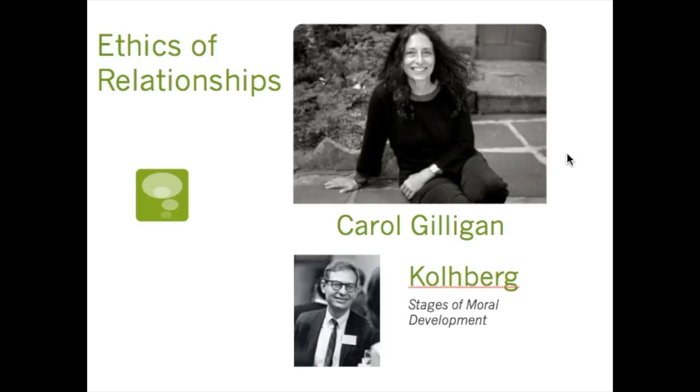Carol Gilligan was a student of Kohlberg, and she designed a theory that was going against her teachers' views, and according to which girls really are not inferior in terms of the stages of moral development in comparison to boys, but they follow a different path and they have a different voice, and that's the title of her most important book.